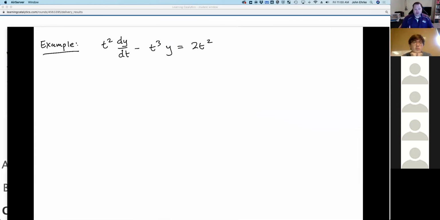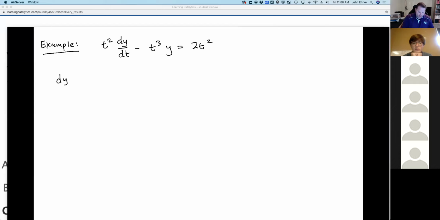The best way with a first order differential equation like this one to think about it is to always write it in that standard form from the beginning. That is, put the derivative on one side, put everything else on the other side. That'll help you understand a little bit better about what's going on.